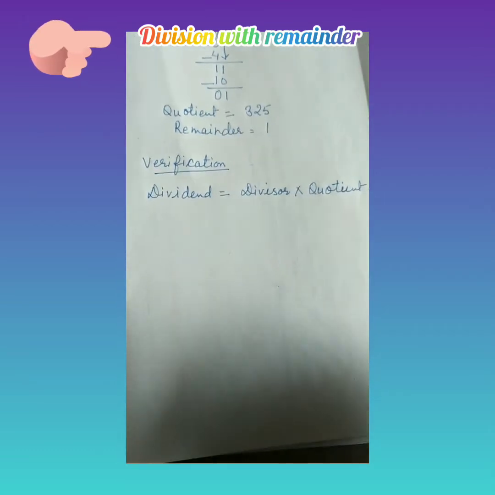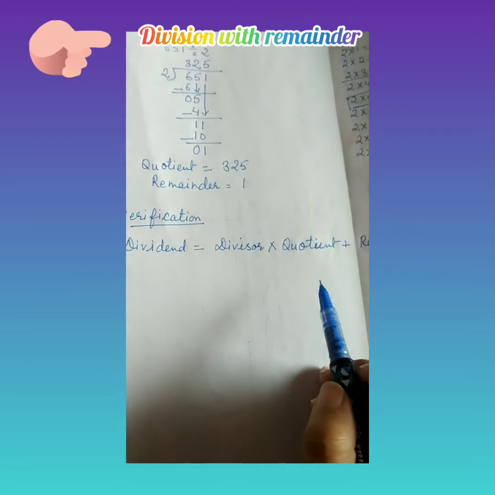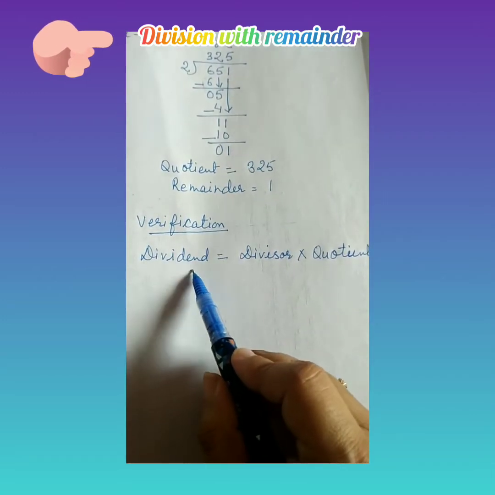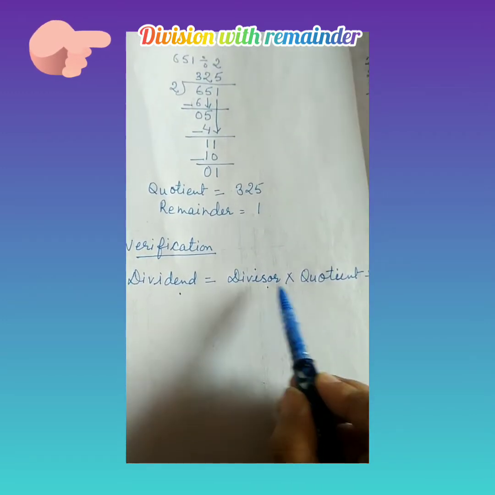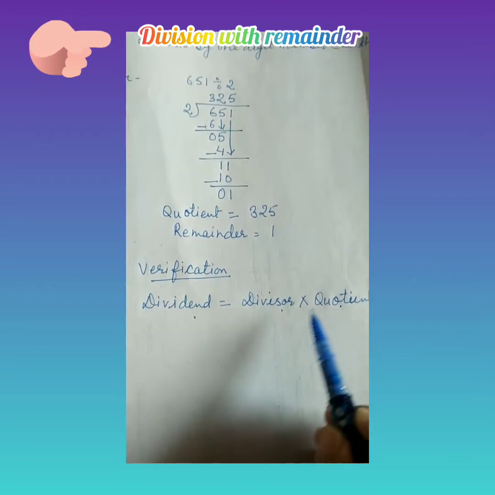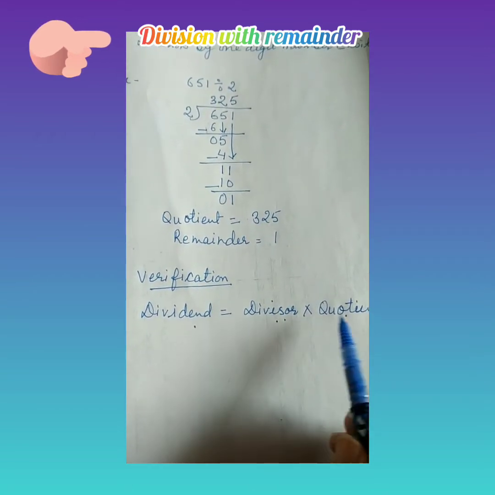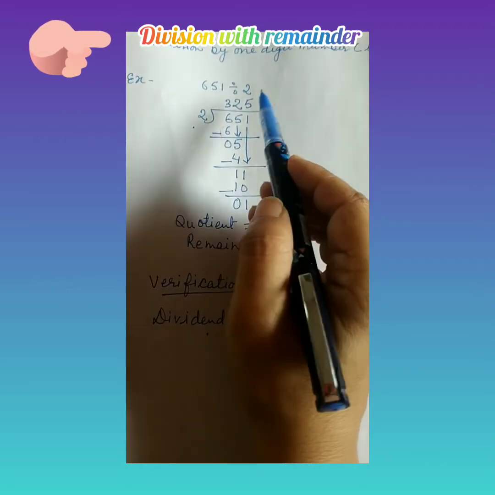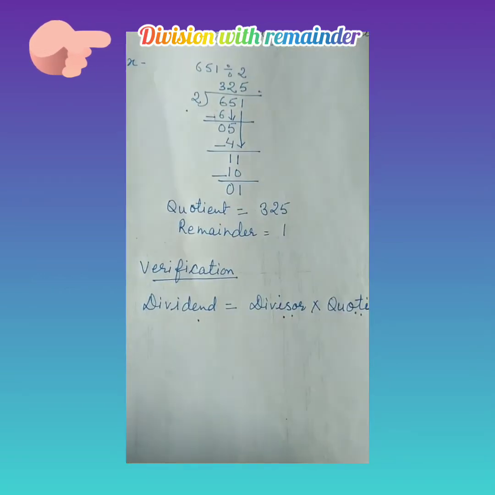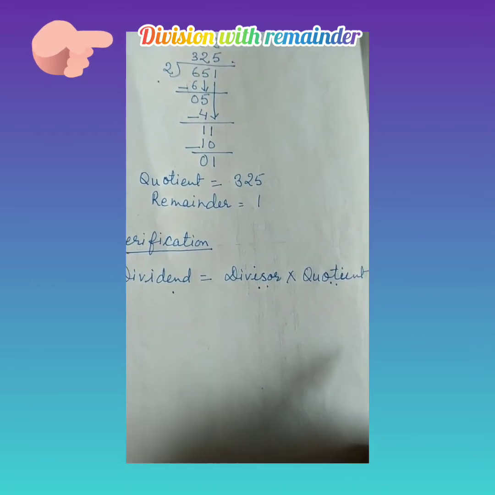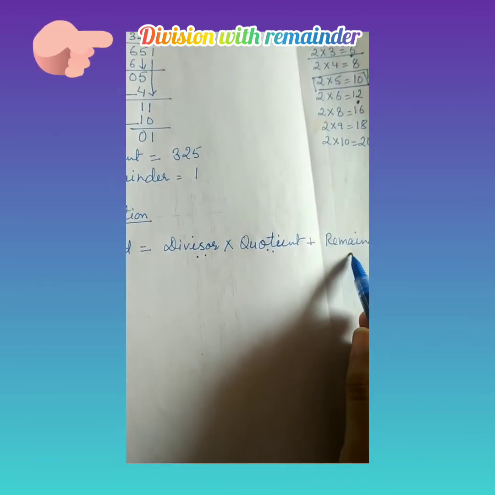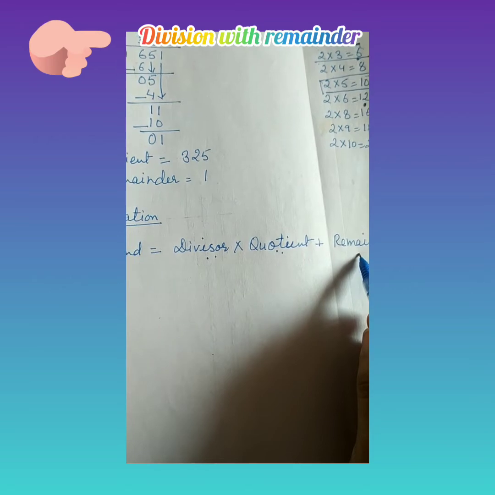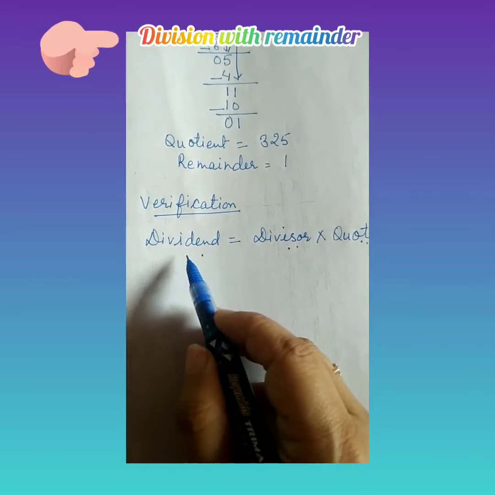So it means if the dividend is equal to divisor multiply by quotient, in this question the divisor was 2 and the quotient is 325. If we multiply these two numbers and add remainder in the answer, it should be equal to the dividend.